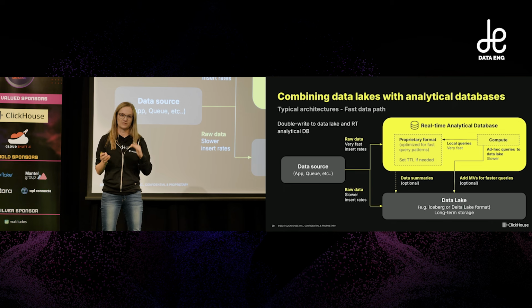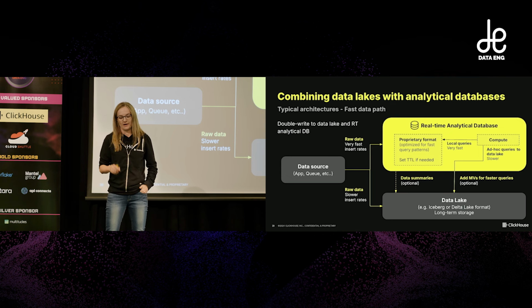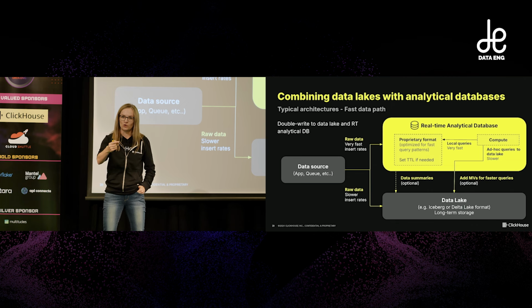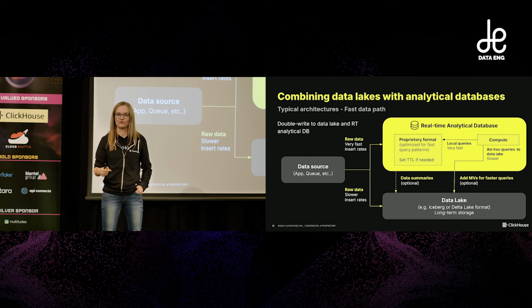You write into the data lake as your source of truth, and then you write into the real-time analytical database using the fast path. You may TTL out the data in the real-time analytical database if you only need recent queries to be fast. And in fact, the best analytical databases will be able to query not only local storage optimized for fast access, but also the data lake for hybrid queries.